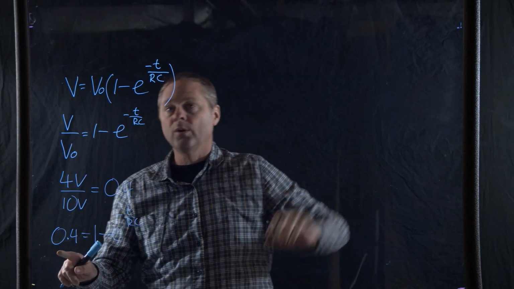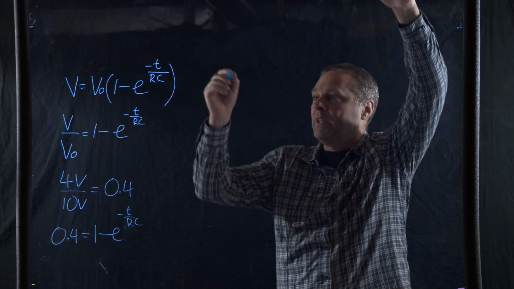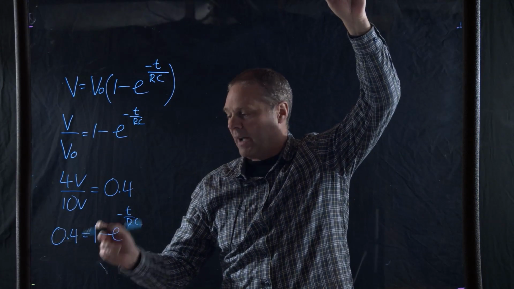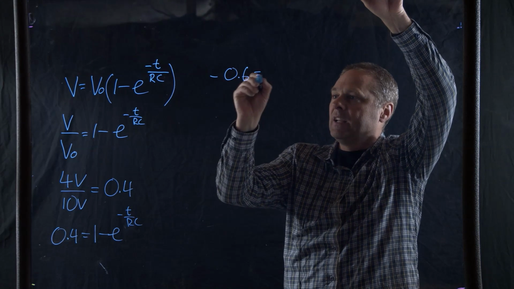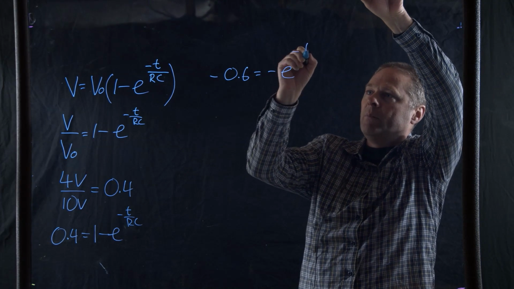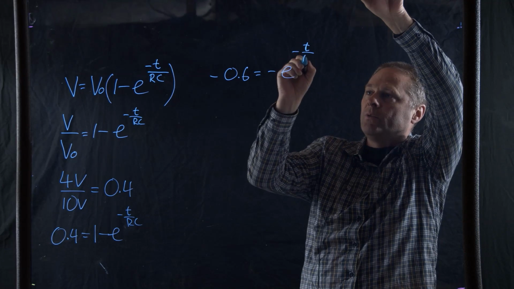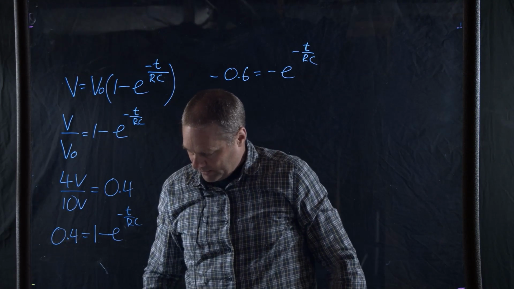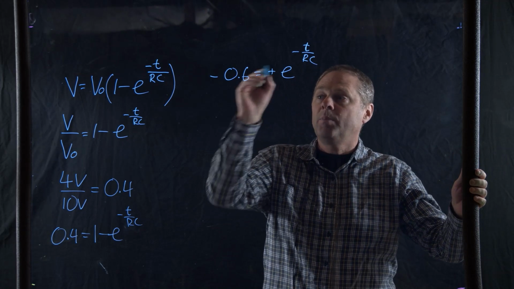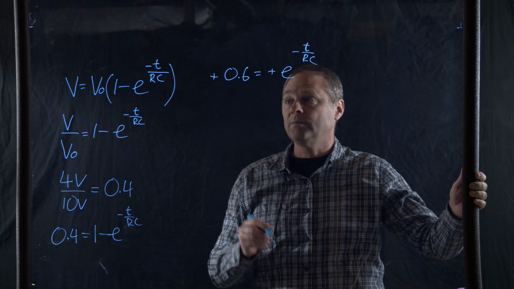We can move the 1 over here, and so what we get is 0.4 minus 1, which gives us negative 0.6 is equal to negative e to the minus t over RC. We can make those positive.